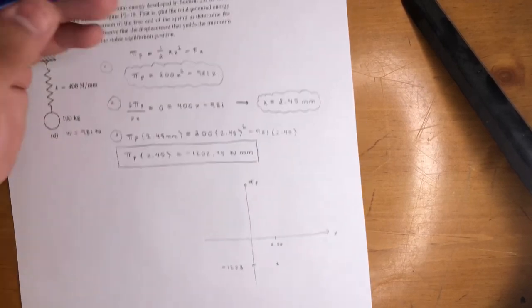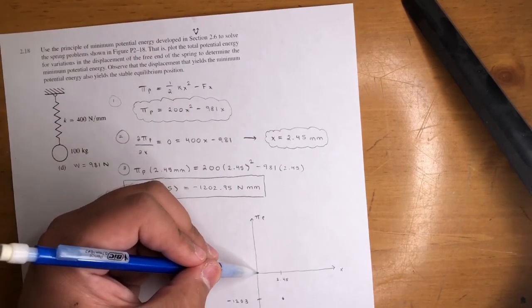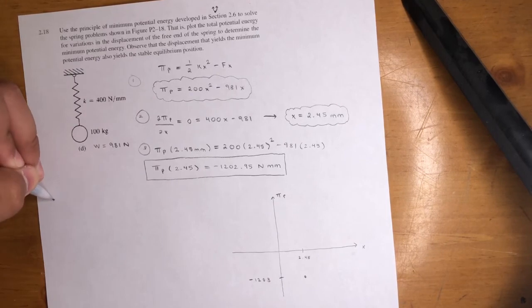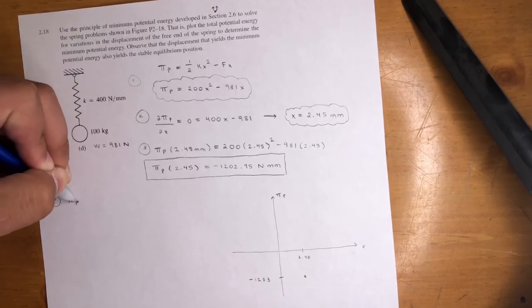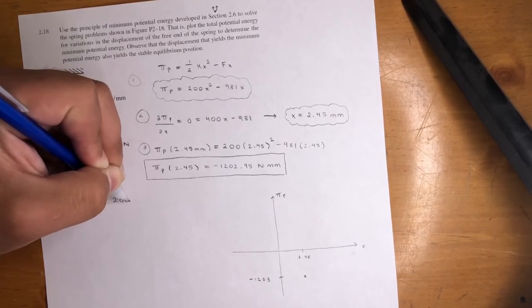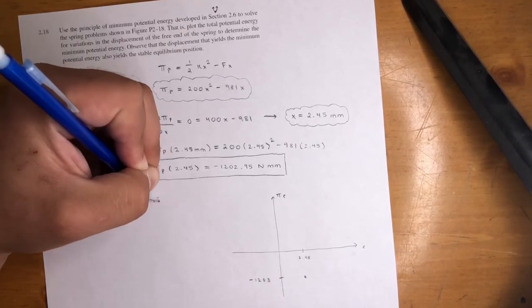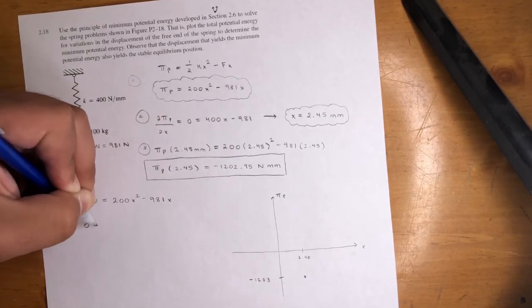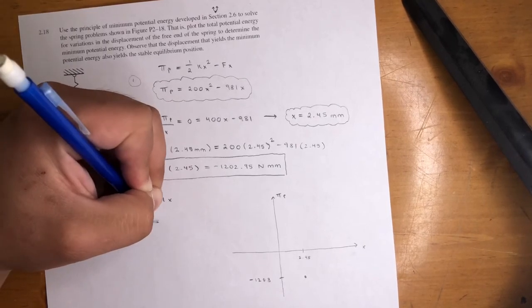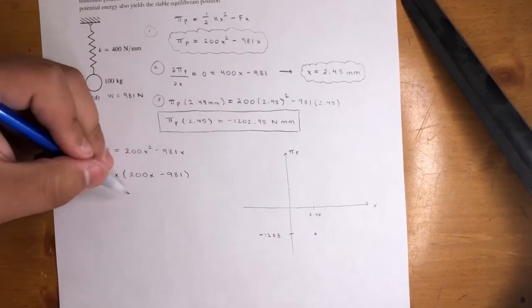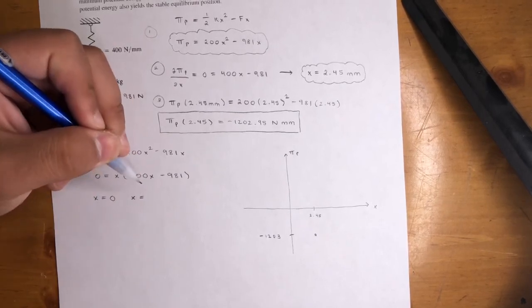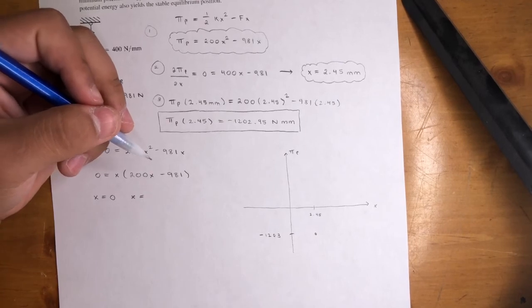Now, again, I know it's a parabola, it's going to open up, so I just want to see where it crosses the x-axis. So set the equation, this one right here, equal to 0. Step 4, pi p is equal to 0, and that is equal to just the equation, 200x squared minus 981x. 0 is equal to x times 200x minus 981. That means x is equal to 0, and x is also equal to, what is this right here?